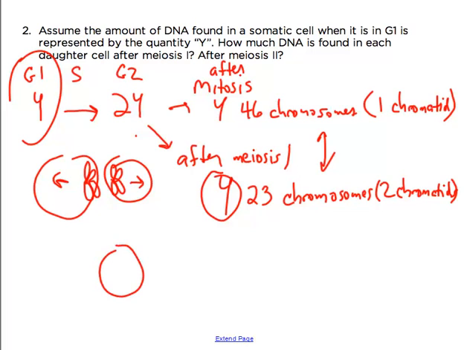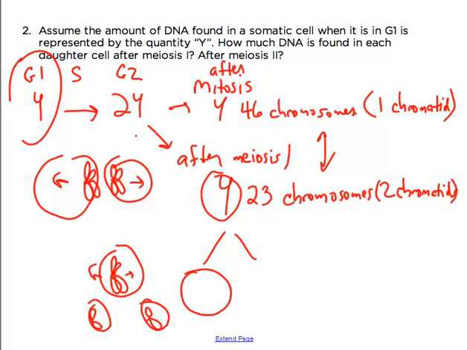Now from the point of view of one cell, in meiosis II, the sister chromatids are being separated, and we're going to make 2 new cells, each of which has one member of the doubled chromosome above, one chromatid, which is now one chromosome. So the bottom line is, if there's Y total amount of DNA after meiosis I, after meiosis II, you would only have 1/2 Y in each of those new cells.